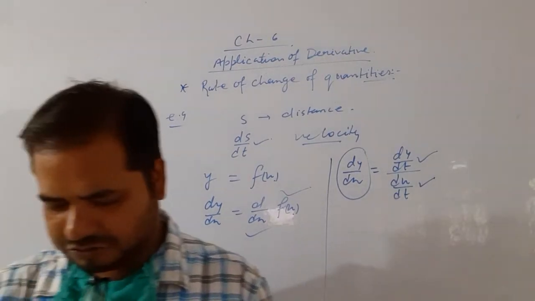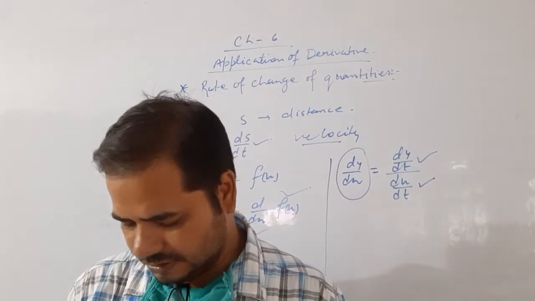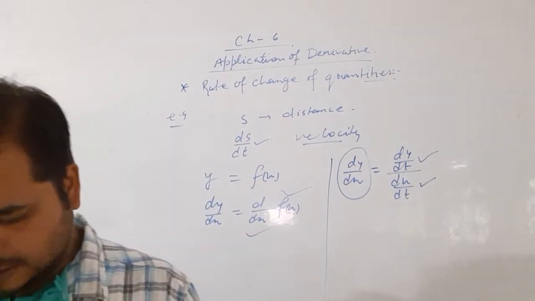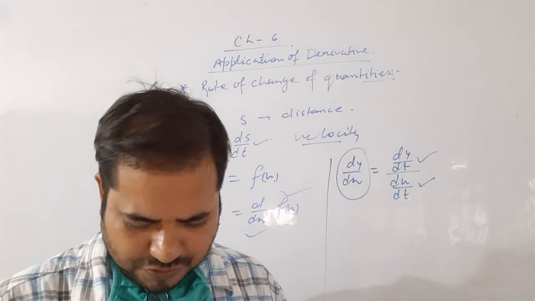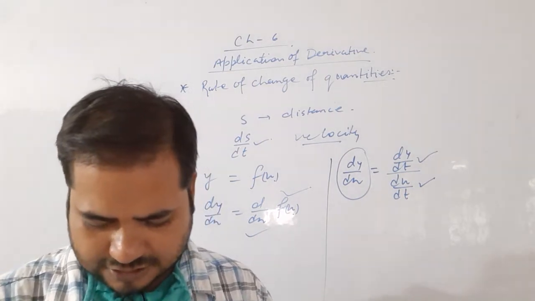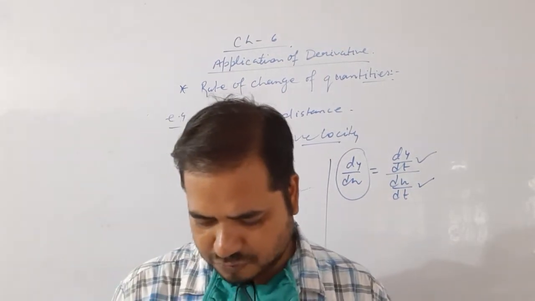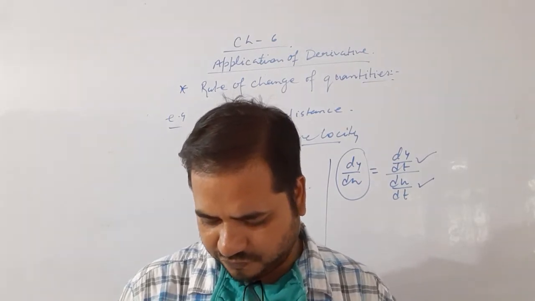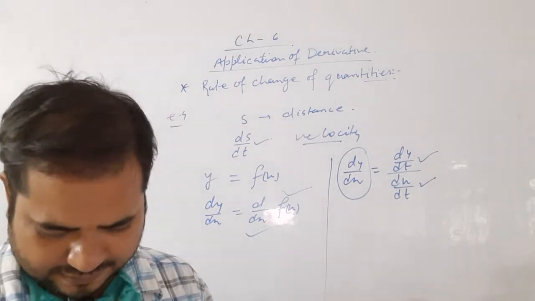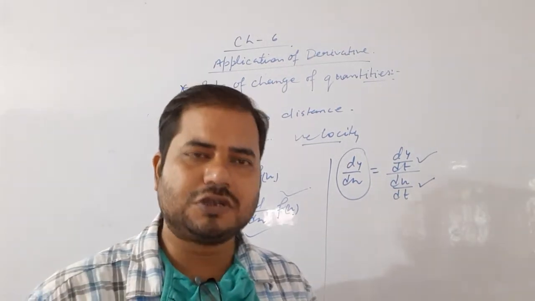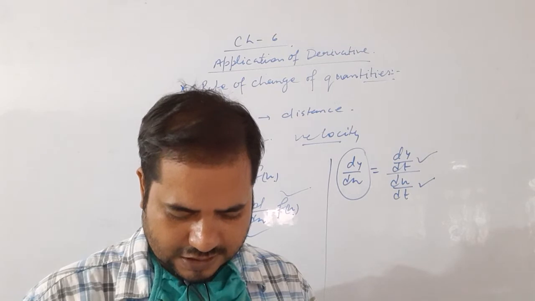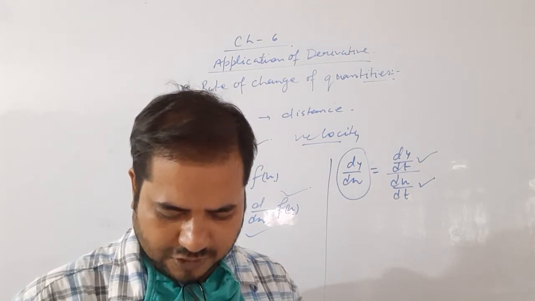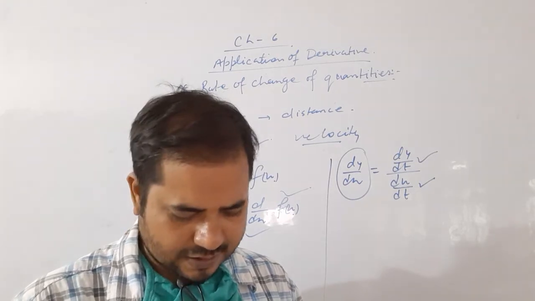So write down a question. This is from NCERT also. A stone is dropped into a quiet lake and waves move in circles at a speed of 3.5 centimeter per second.